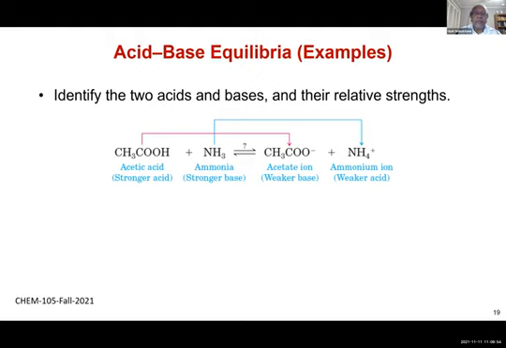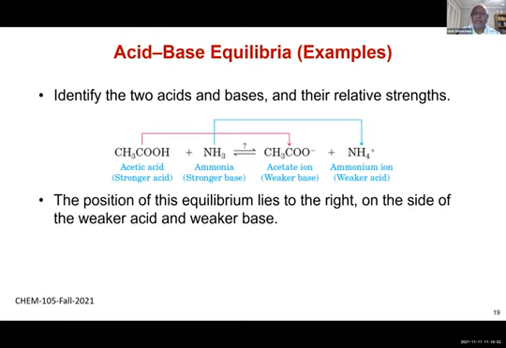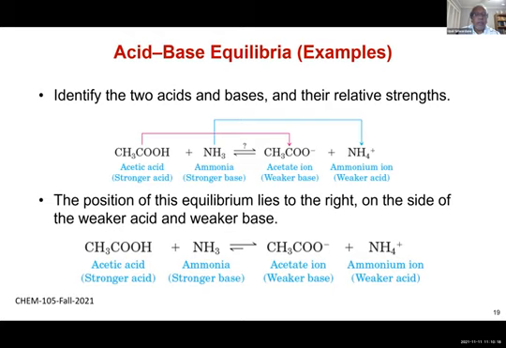So these conjugate acid-base pairs are shown in red and blue. This equilibrium lies more towards the products, or the right side, because the acid and base are both weak. So therefore, the position of the equilibrium lies on the side of the weaker acid and weaker base.